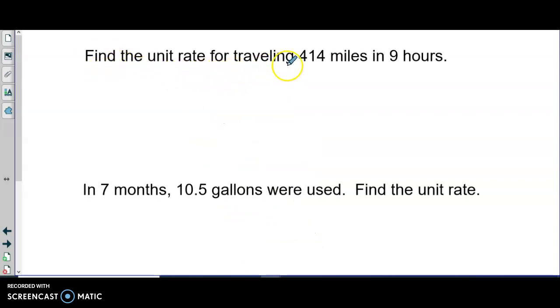Find the unit rate for traveling 414 miles in 9 hours. All right, when we see this word unit rate, we want to know what it is per one thing. In this case, we're dealing with hours, so we want to know how far we go in 1 hour. We just want 1 unit. So we would take our 414 miles and divide it by 9 hours to see how many we go in 1 hour.